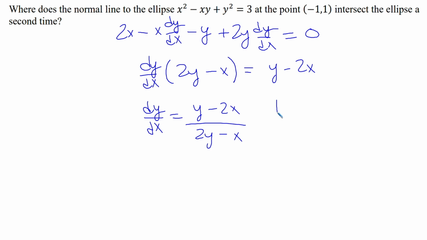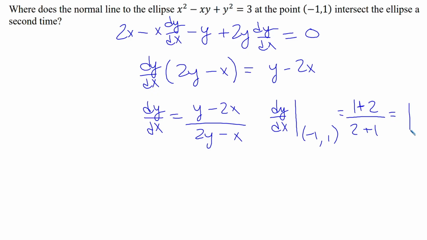We'll need to evaluate that at the point (negative 1, 1) so that we can see what the slope of the tangent line is. So when we do that, well, y is 1 and x is negative 1, so that'll become 1 plus 2 in the numerator. And then in the denominator, since y is 1, that'll be 2 minus a negative 1, which should be another plus 1.